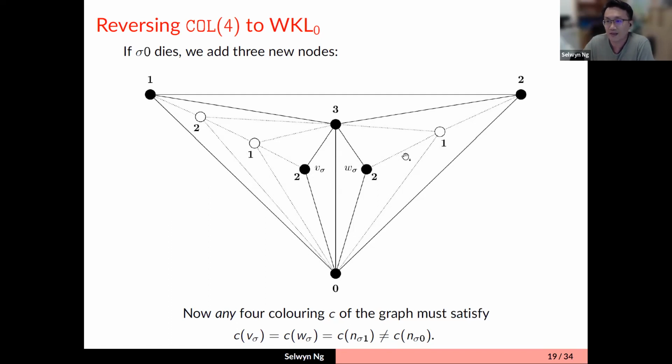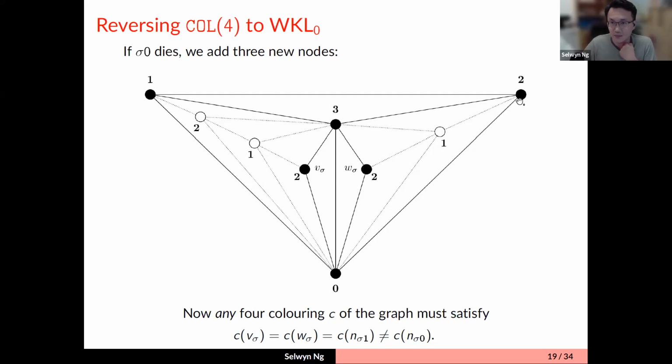Conversely, if we had done it the other way around, if we had added the 2 new white nodes here and the single white node on the left, then the 2 colors here would be the same as the color of the 0 extension node. So simply by looking at the 4-color on the original set of nodes, which are the black nodes here, one can deduce an extension which will never be removed from the tree.